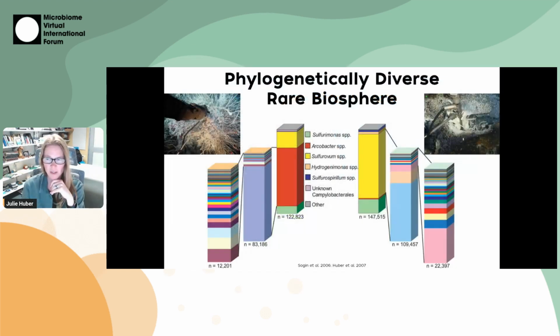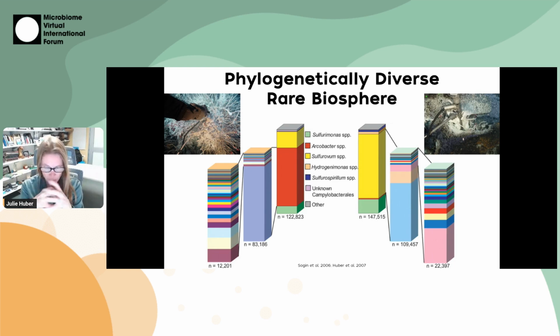And we discovered, surprisingly, that these environments had exceptionally high diversity when we looked at it phylogenetically. This is work I did with Mitch Sogin many years ago, when we discovered this long tail of biodiversity within the microbial communities throughout the world's oceans, but we first found it at these deep sea hydrothermal vents. The colors don't really matter, but what really shows is these remarkably high levels of microdiversity.